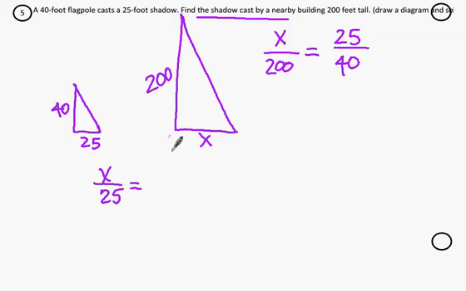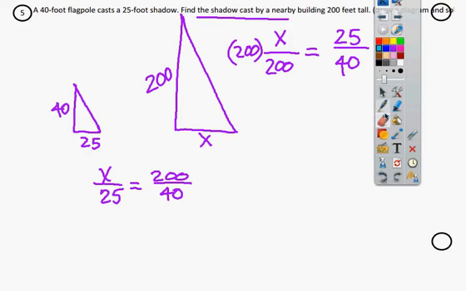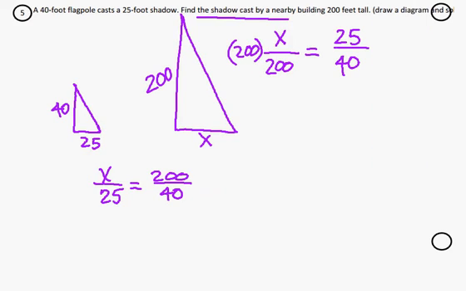If you do that, short side, short side, then you compare the medium side to the medium side in the other ratio. And you'll see when you cross multiply, actually I'll do this one by cross multiplication. I'll multiply 200 times both sides. And multiply 40 times both sides.